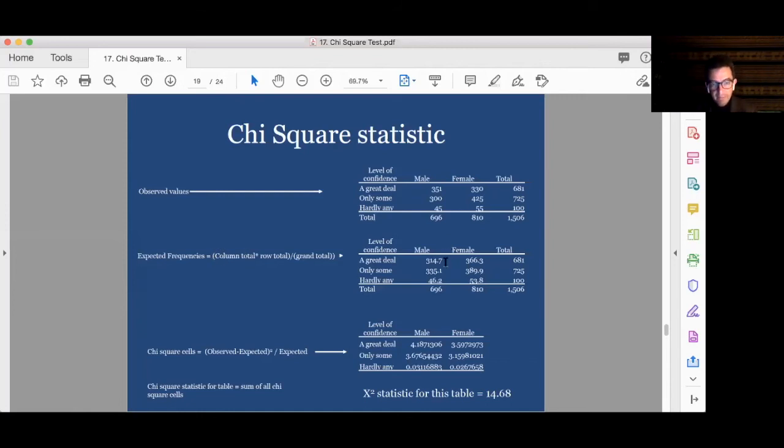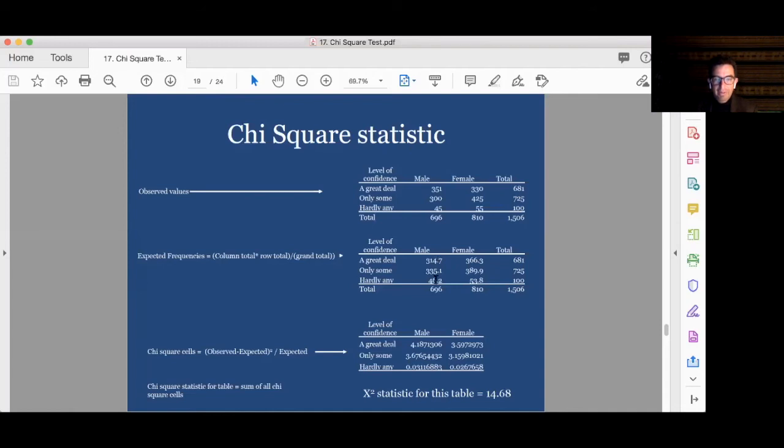For each cell, we get the total in the column. For this 314, where did it come from? It came from the total in the column, 696, times the total in the row, which is 681, divided by the grand total, 1506.